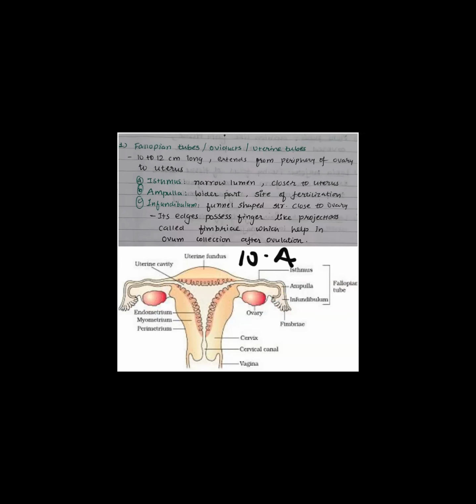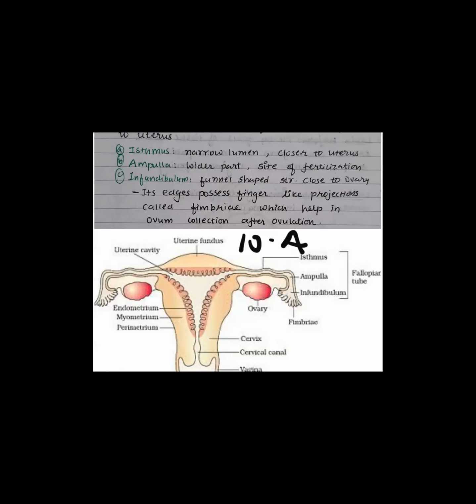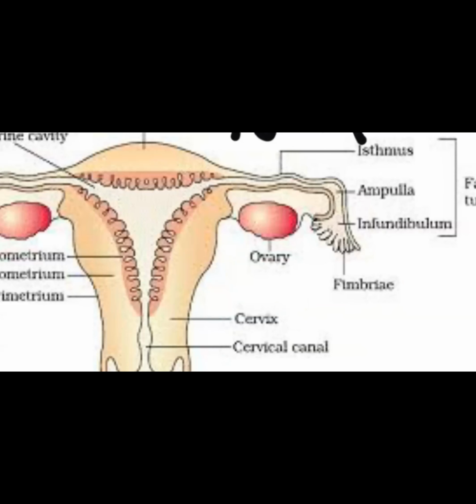It has three parts. Number one is the isthmus, a very narrow region that continues with the uterus. Uterus cavity continues into the oviduct cavity in this part called the isthmus. Then comes the next region called ampulla.